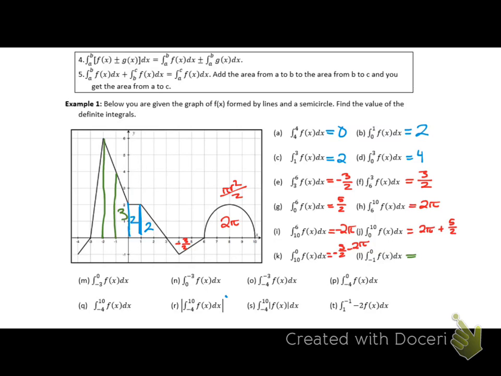Because it's 1/2 times base times height 1 plus height 2. That's 3. Okay, sorry. So for this middle area, we have 4 plus 6, which is 10, divided by 2, which is 5. And then for this triangle, we have 1 times 6, which is 6, divided by 2, which is 3.